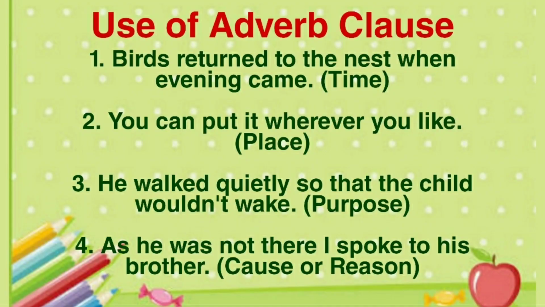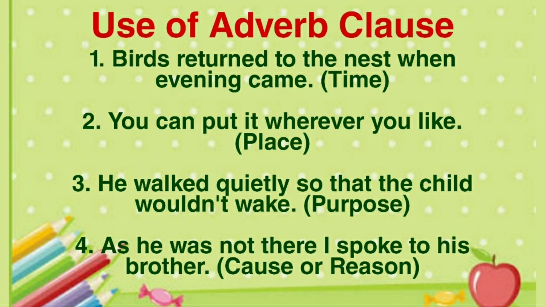The first one is the adverb clause of time. You see the example. Birds returned to the nest when evening came. The same old example that we have already discussed here. The subordinate clause, when evening came, speaks about the time of the action or the verb.